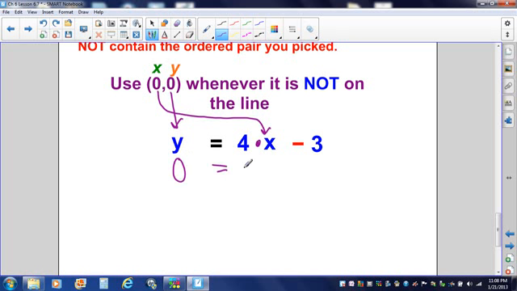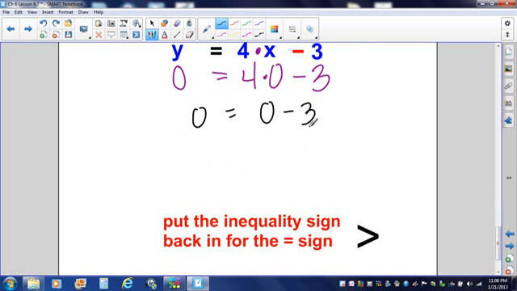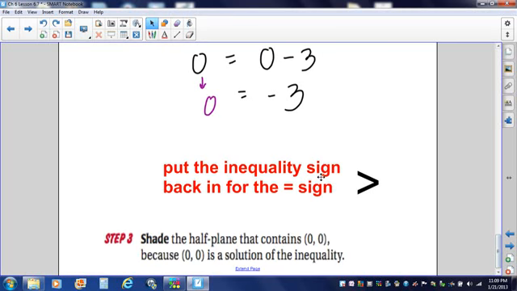4 times 0 is going to give me 0. And then I have my negative 3. So 0 minus 3 is going to give me negative 3. And I'm going to bring this 0 down. Next, I'm going to put the inequality sign back in for the equal sign.